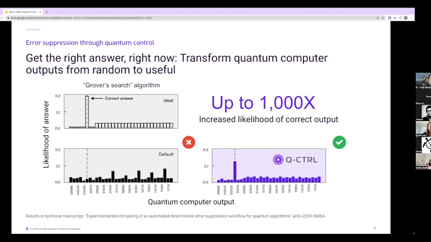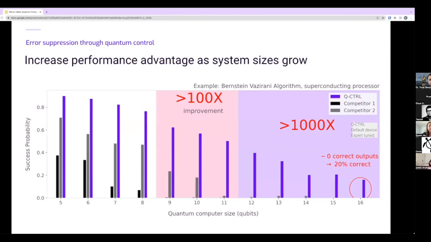And these results actually perform up to 1,000 times better, meaning you're 1,000 times more likely to achieve the correct output, as opposed to if you were to just run your algorithm using the hardware that's available. And we actually see this effect becoming more pronounced as system sizes increase.